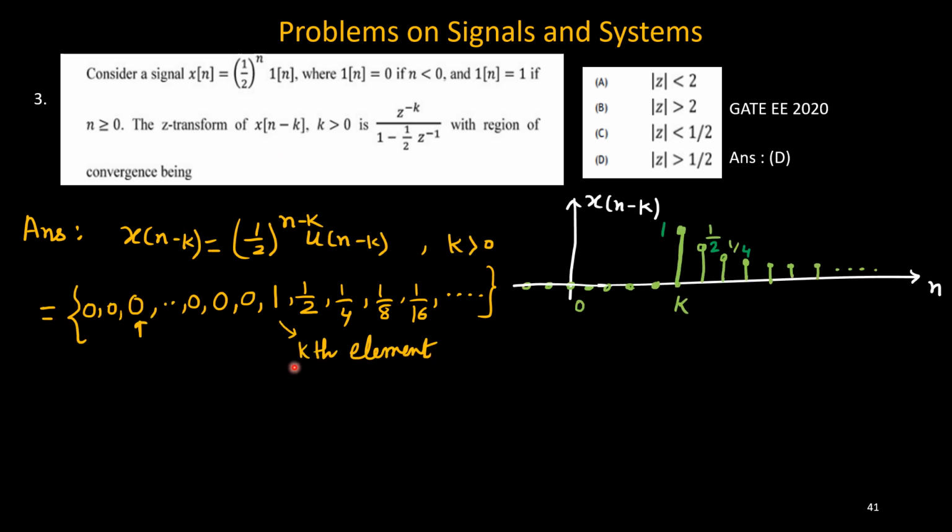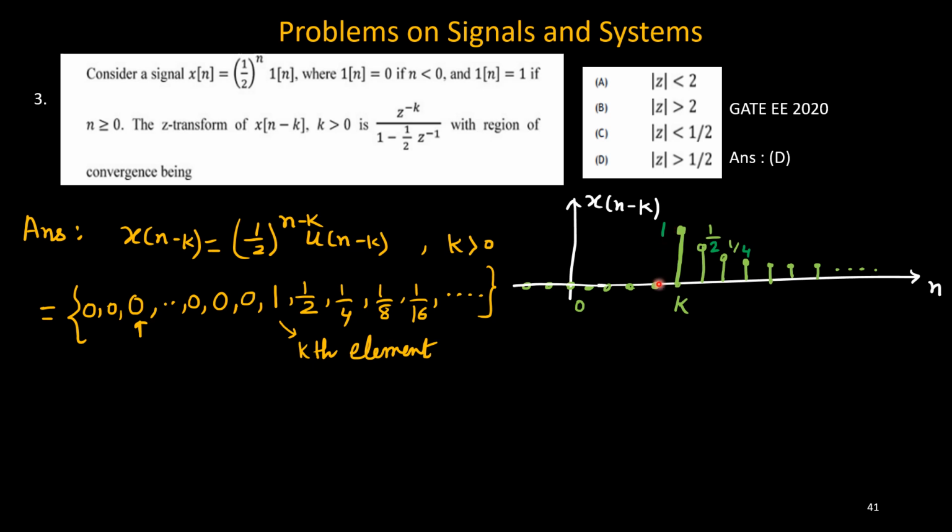So let us consider this one. If it is shifted by k, the kth element will have value 1, then the k plus 1 element will be half, then 1/4, 1/8, like that. And from 0 up to k minus 1, all will be replaced by 0. So the sequence is shifted to the right by k samples, and it will look like this. This is your x of n minus k.